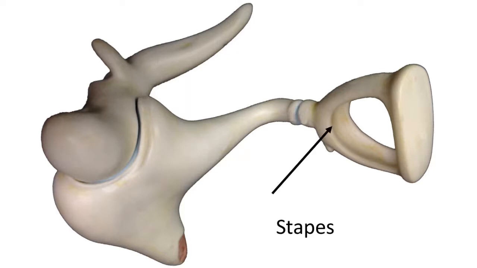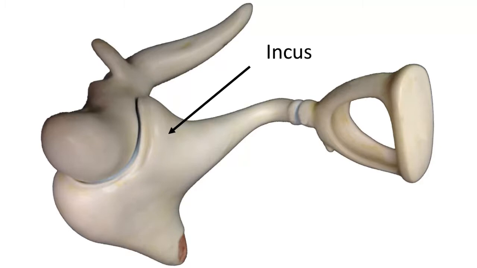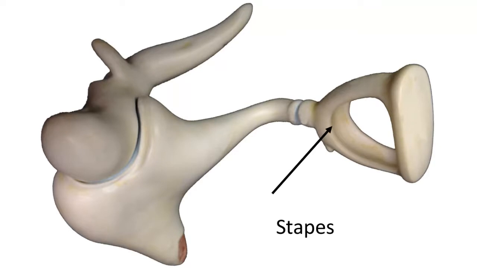And then the last one is the stapes, and how I remember that is it looks like a staple. So what will happen is that sound will come in, and it will cause these bones to vibrate.